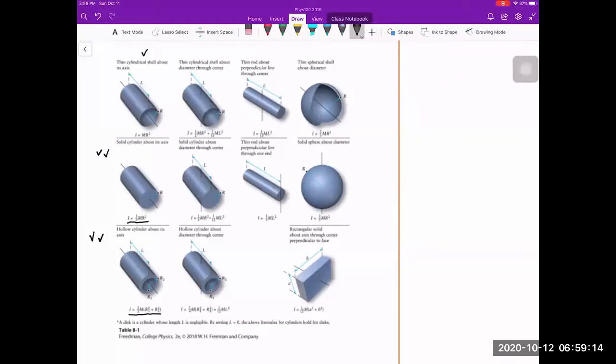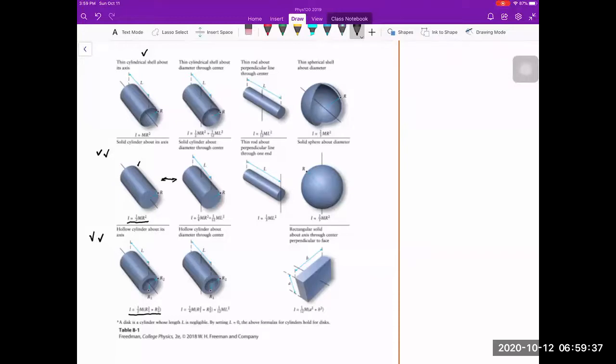Second thing I wanted to tell you is, if you have a three-dimensional object such as this one here, you can see they have I for two different scenarios. What do these two scenarios mean? Both are the same shape.